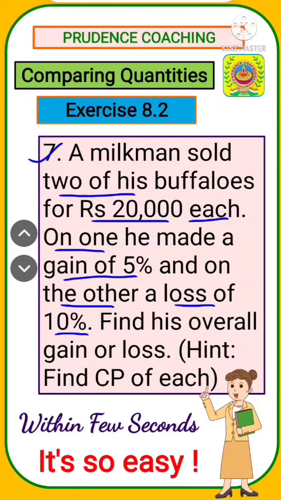And we are asked to find his overall gain or loss. So my dear students, here we have two conditions, but in each of the two conditions, the selling price of the buffaloes is the same, that is 20,000 each. But on one, the milkman has gained 5%, and on the other, he has lost 10%.